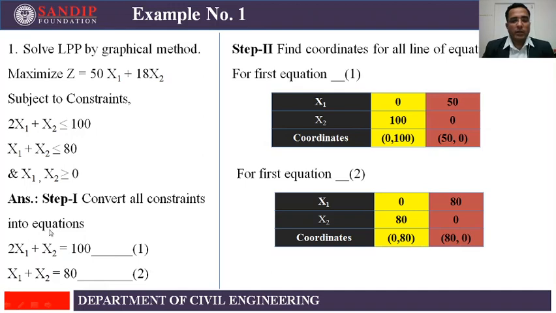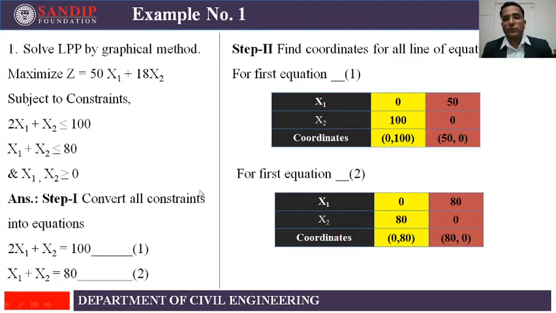Therefore the equation will be 2x1 plus x2 equals 100. We will call it equation number 1. Then x1 plus x2 equals 80. Similarly, remove the less than or equals to sign and put the equals to sign, so we get the second equation, x1 plus x2 equals 80. So from the 2 constraints, we have converted the 2 equations.